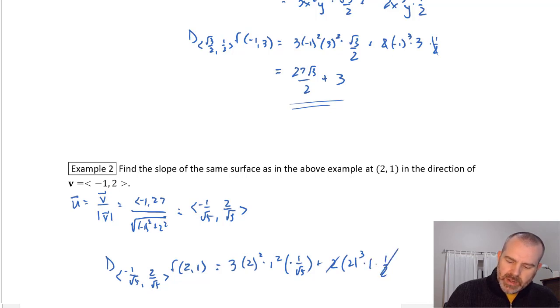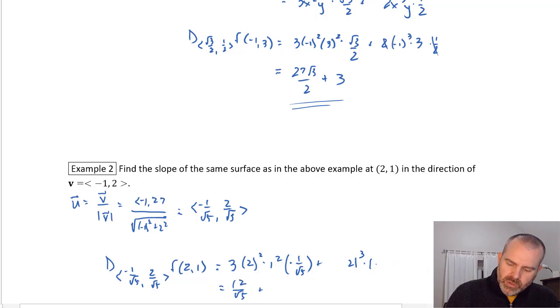And I guess we didn't need to write that. So what do we get here? 12 plus 8. 12 over square root of 5 plus, oh, no, not 1/2.